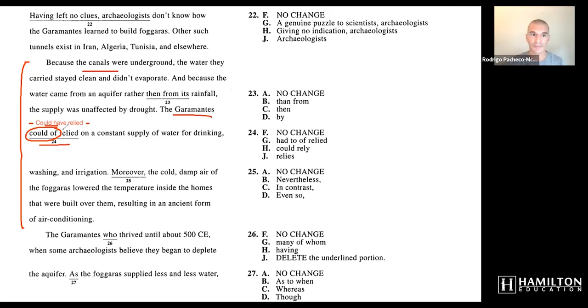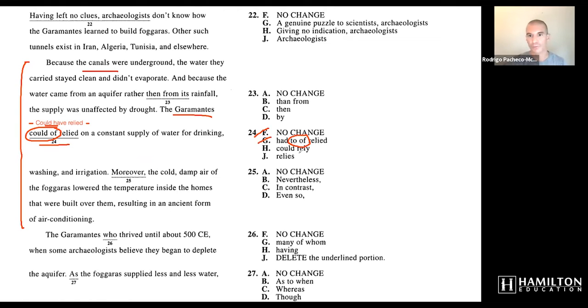But based on the context, we know that that's not true, that they actually did create canals and an elaborate system to supply water for drinking, washing, and irrigation. So we can eliminate F, no change. G, had to of. Same issue here. That's a grammatical mistake. We can eliminate G.